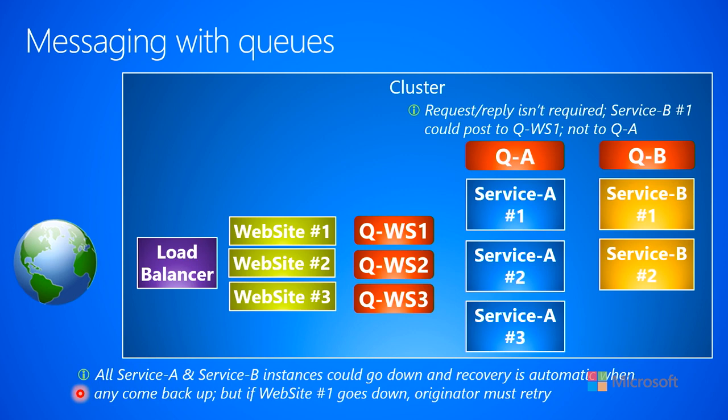And when they come back up, recovery would simply be automatic because they would just start pulling things from the queues and continue processing again. Right? But notice that if website number 1 goes down, then the originator back here would have to start retry operations again. So again, it's this benefit of using message queues as opposed to doing networking communication.